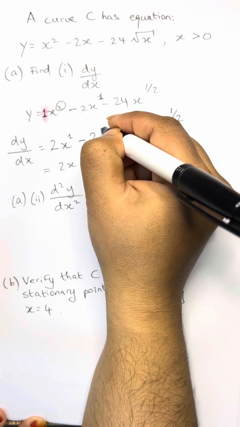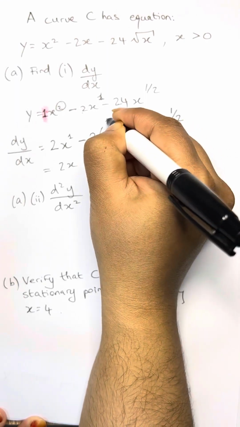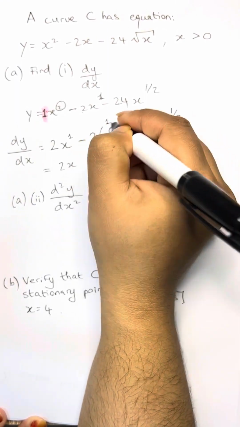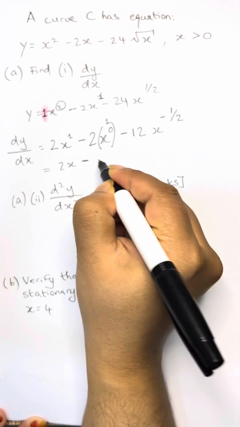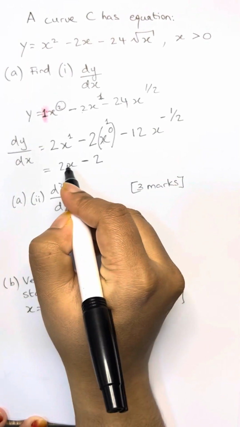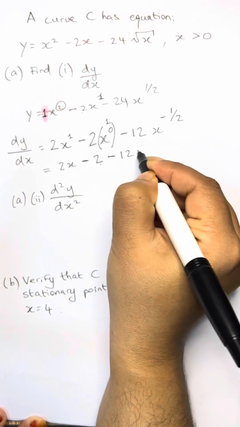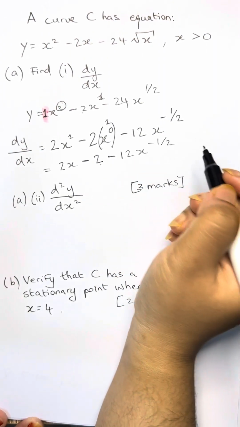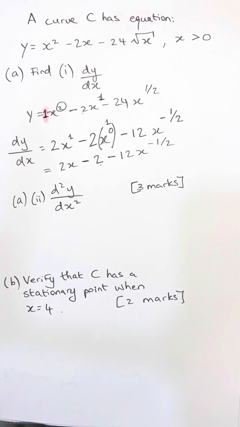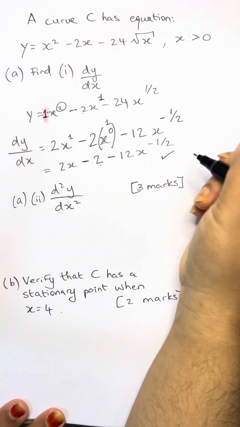That means 2 times 1 gives minus 2. So 2x minus 2 minus 12x to the power of minus a half, and that is actually my final differentiation.